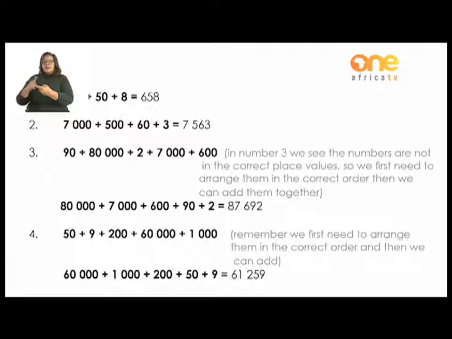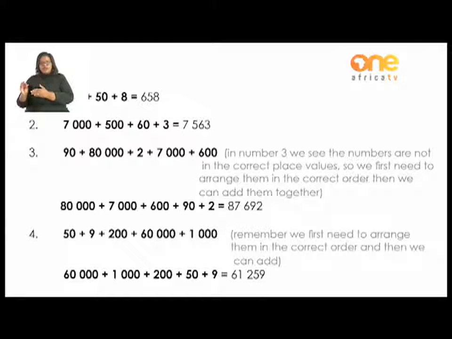And if we add it together, that gives me 87,692. Remember, we first arrange from the biggest value to the smallest value, and then we add it together.